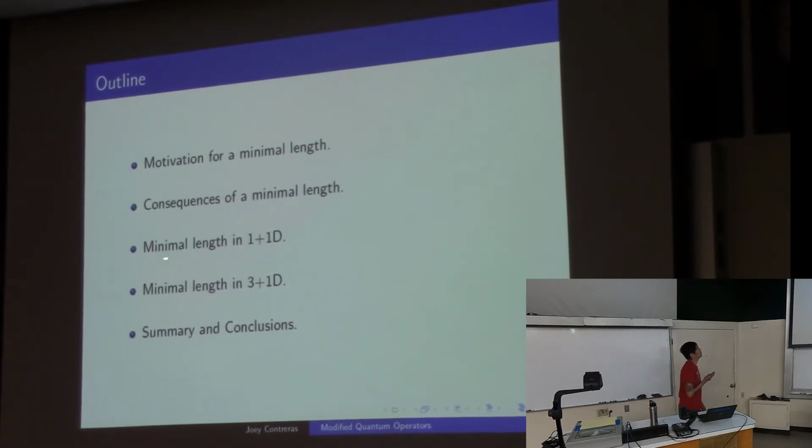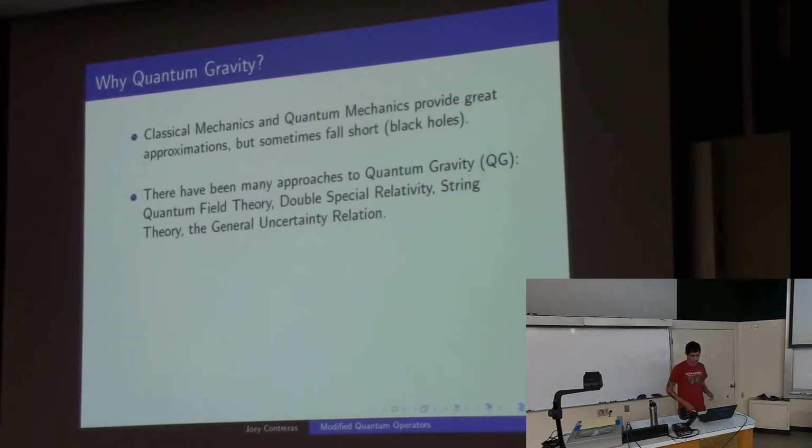After that, I'm going to talk about minimal length in our model in 1 plus 1D, just because it's a simpler case and it's a little bit easier to break down. Once I go through the nitty-gritty of that, I'll talk about extending this to 3 plus 1D and some of the interesting results we found in our current ongoing work, followed by summary and conclusions, and then we can call it a day.